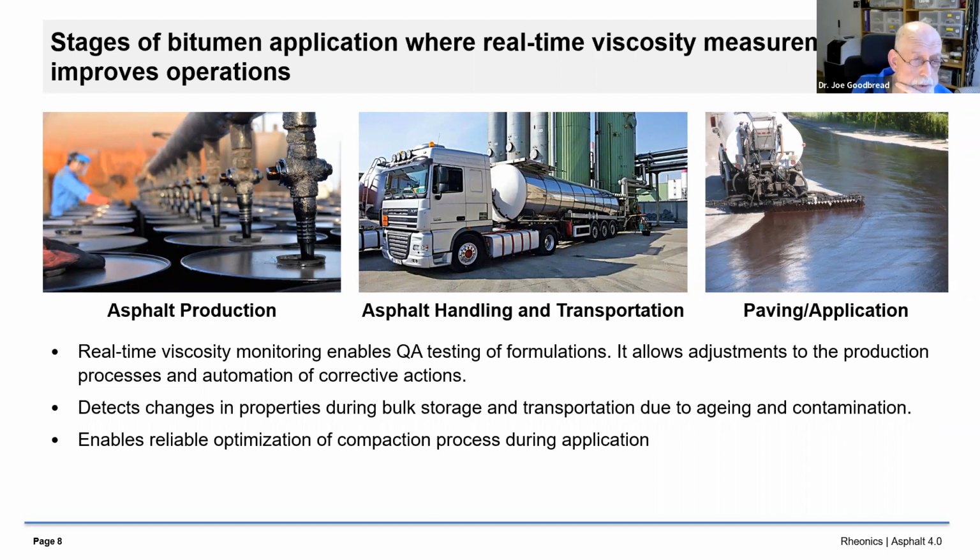Viscosity measurements also reveal changes in asphalt properties during storage and transportation, either as acceptance criteria for the end users or to allow adjustments in the application process to compensate for changes in viscosity. And for the end user, accurate measurement and tight control of viscosity enable optimization of the application and compaction of paving material.